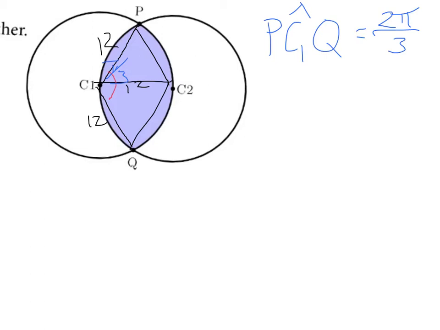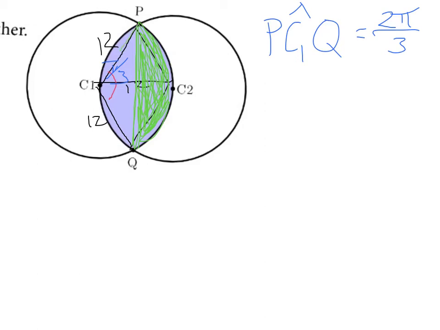But now we got to find the area of this crazy shaded region. How in the world are we supposed to do that? Well, let's have a look-see. Notice that this shaded region is made up of two of these things that I'm coloring in green. That green segment, if I could find that, the shaded region would just be twice as big.